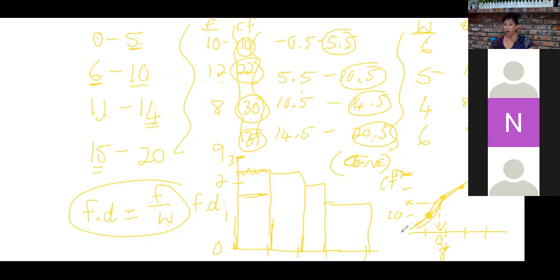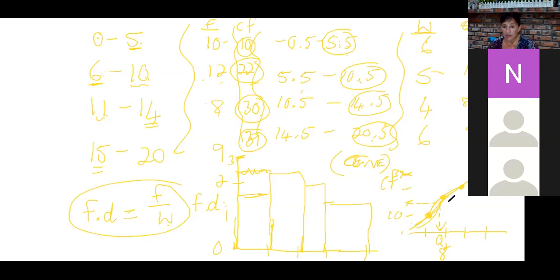Then Q1 would be halfway between 0 and that. Halfway between 0 and 19.5. It's close to 10, right? So it's close to 10. I plotted my 5.5 against the 10, then I'm plotting 10.5 against 22.